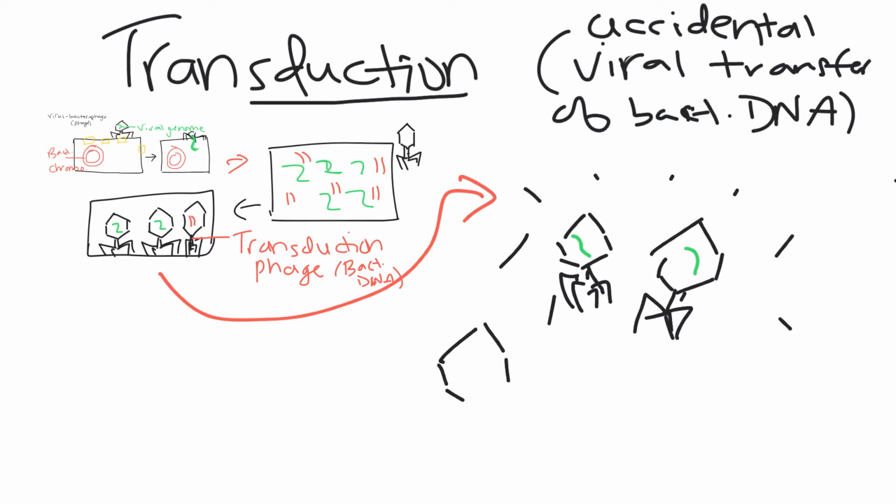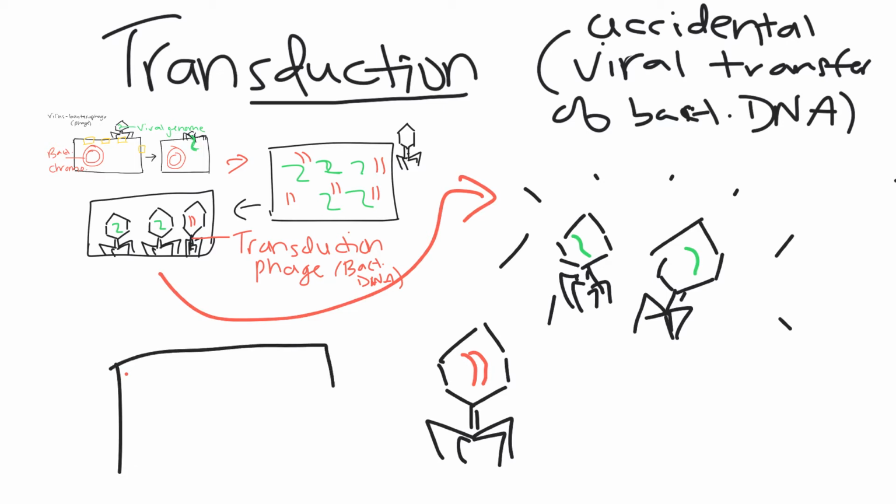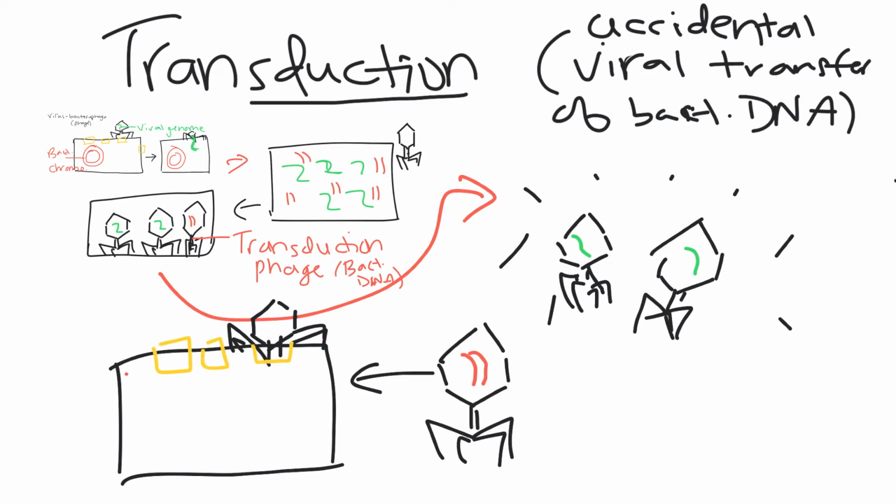But some of them, or a few of them, there we go, have the bacterial DNA. And the virus, quote, doesn't know the difference. They don't have really much sensory features, so it'll just go and do its normal thing and infect another bacteria. And this one would have to have the proteins on the surface for that. Then basically it'll insert that DNA into the cell, and this is going to be a different cell here.